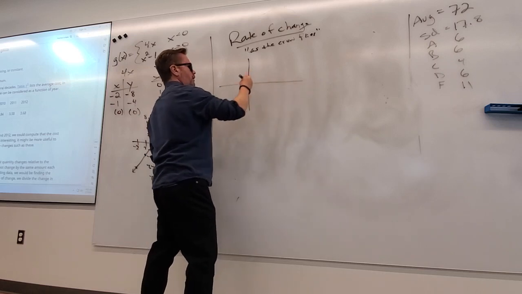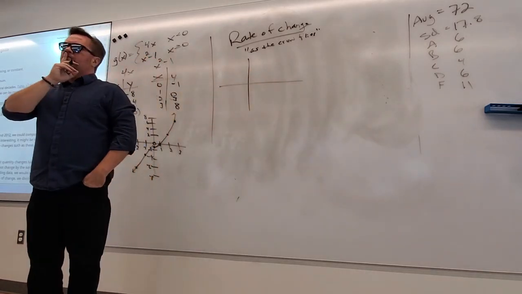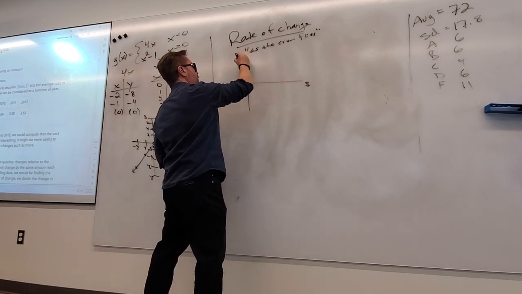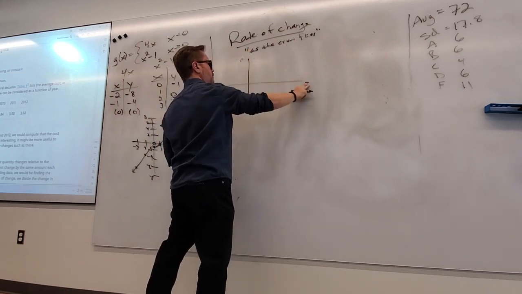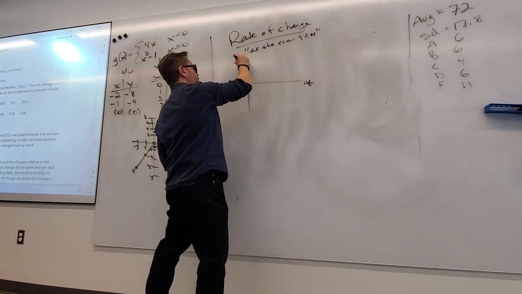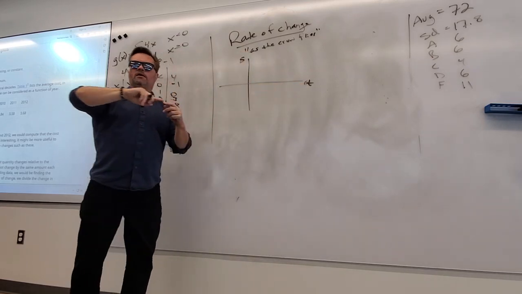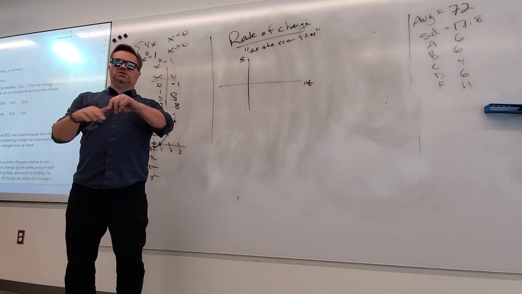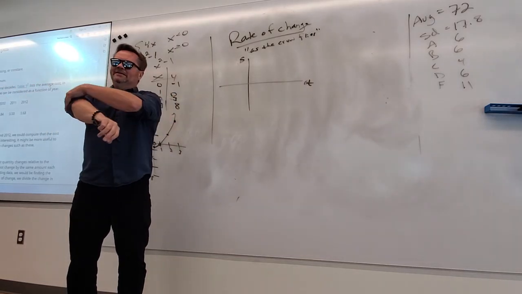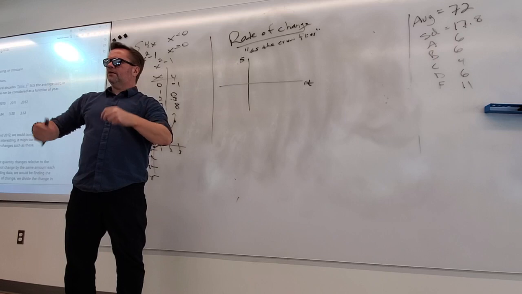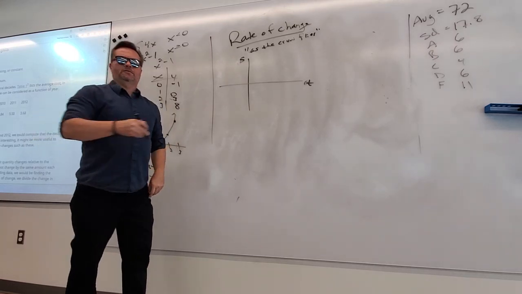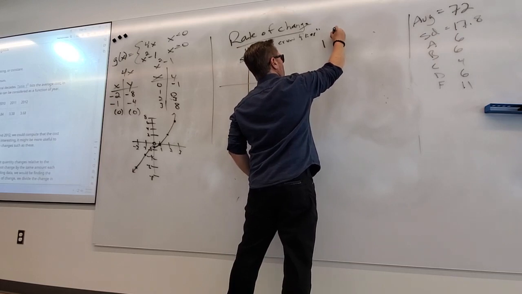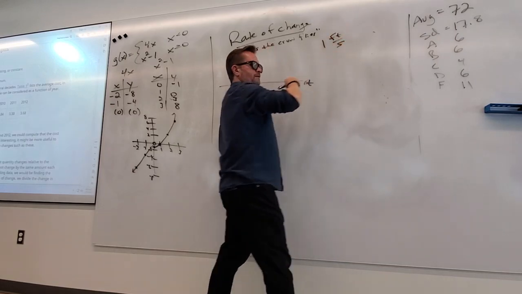If I take off in a car and I maintain a constant speed, how is my position changing? Let's say that I'm going 1 foot per second.